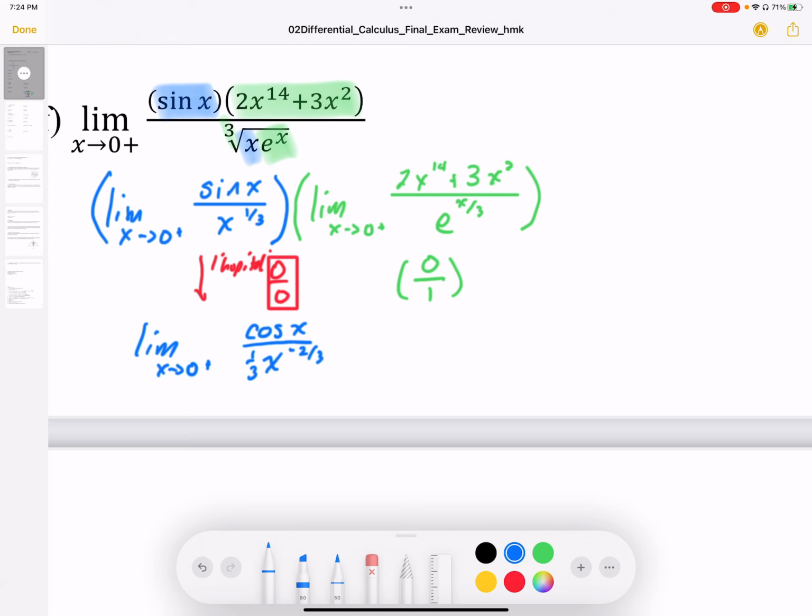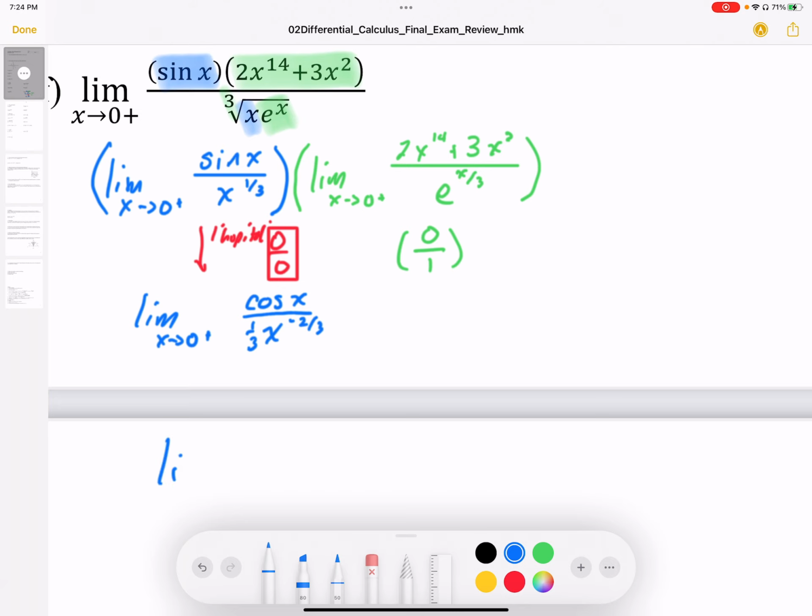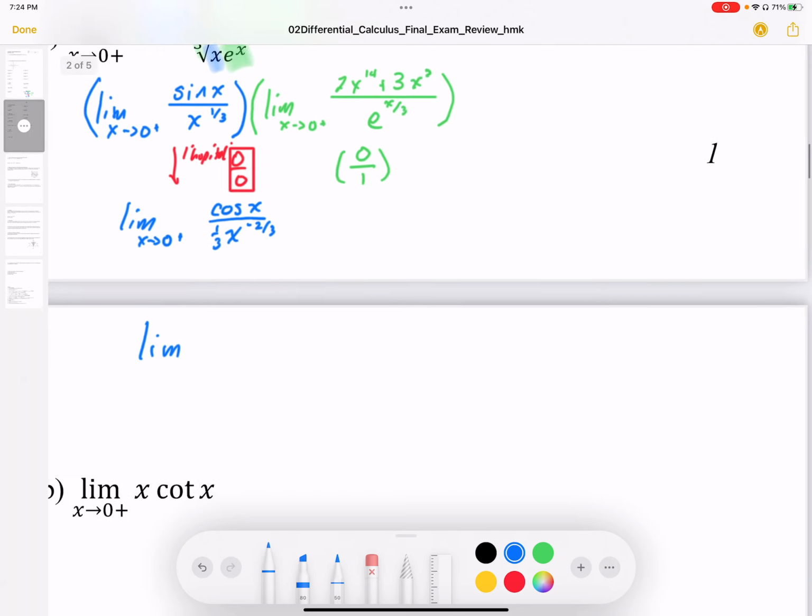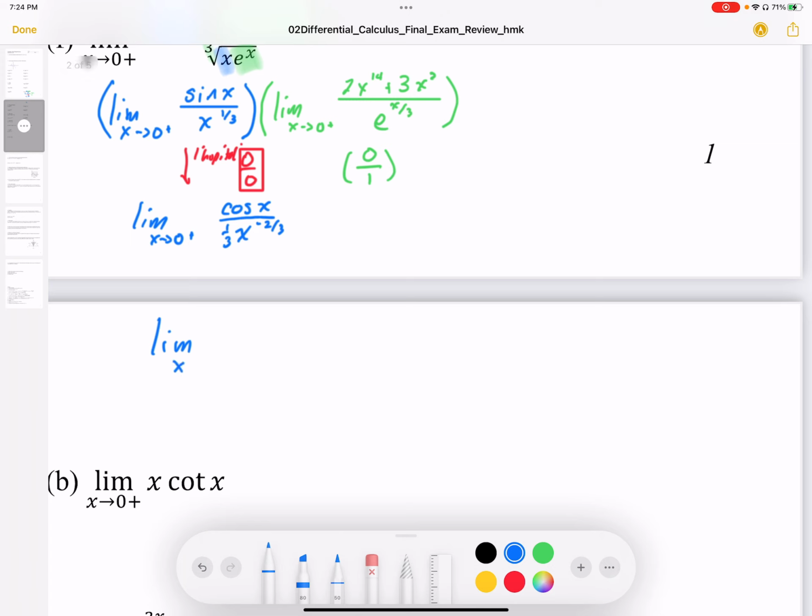That's going to end up in the numerator. So this portion ends up being the limit as x goes to 0 from the positive side of 3x to the 2/3 times cosine of x, and this is going to become 0. Okay, so I end up with 0 times 0, so the limit is equal to 0.